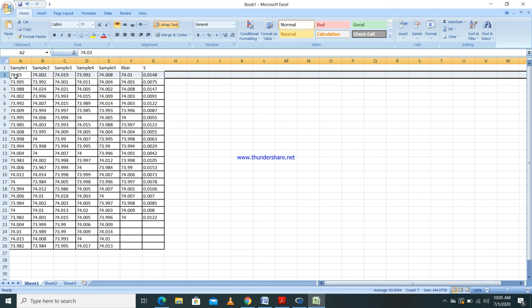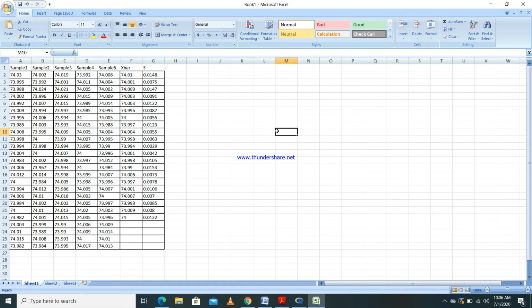In the first piston, that is 74.03, in the second one 74.002, and 74.019, likewise, right? So what you have to do is, now since we are not given the population mean and the standard deviation, we don't know what is the mu value and what is the sigma value.